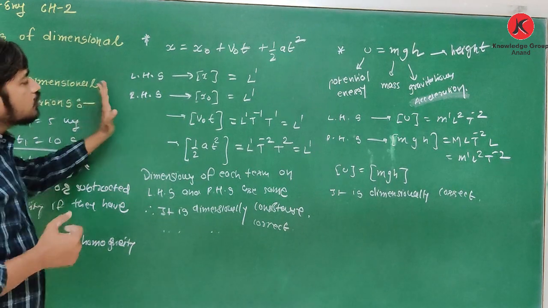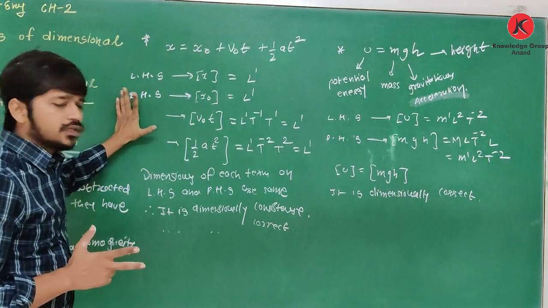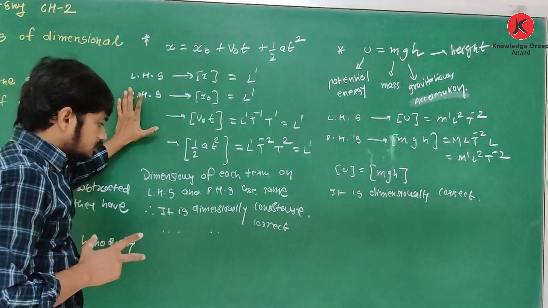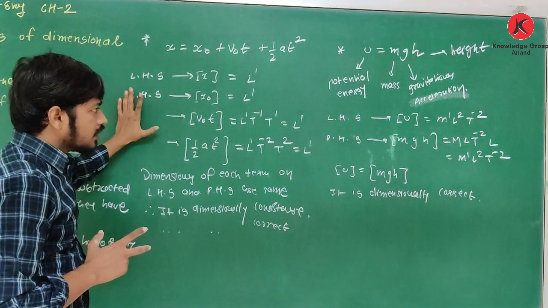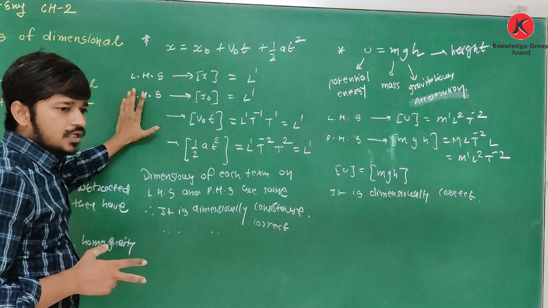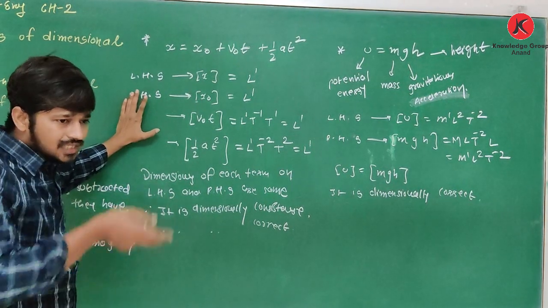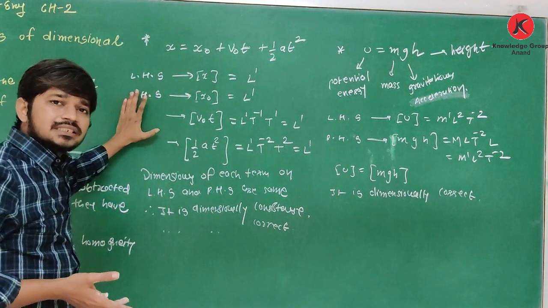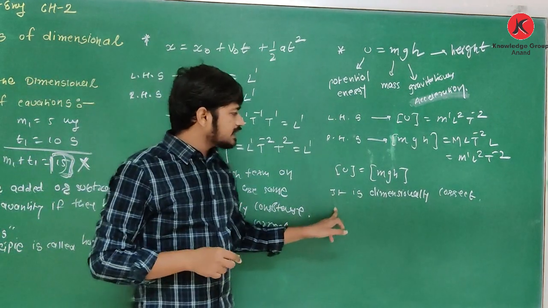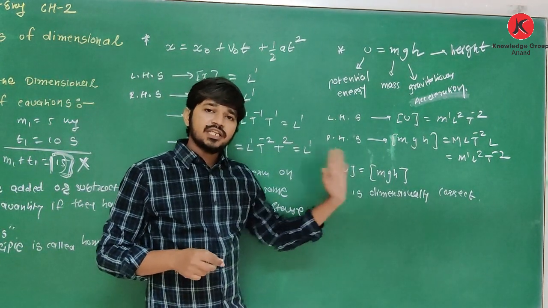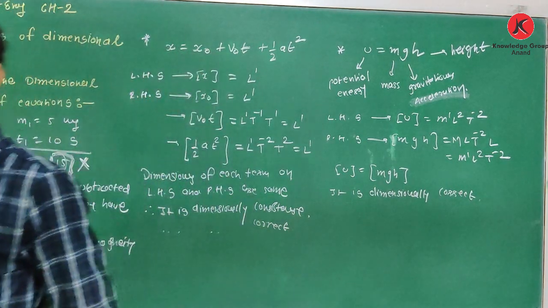X is equal to x0 plus v0t plus half a t square. Clear about this? Now, if each and every term does not have the same dimensions, then obviously that equation is not consistent. So we have to write that it is dimensionally incorrect.